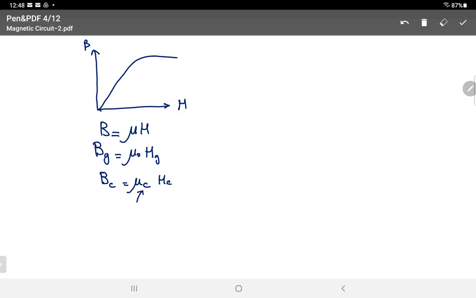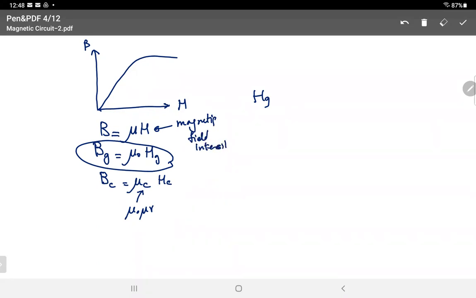Mu C is equal to mu naught times mu R. The question was about the air gap, so I'm going to use this. So Hg, which is the magnetic field intensity, will be equal to Bg divided by mu naught.